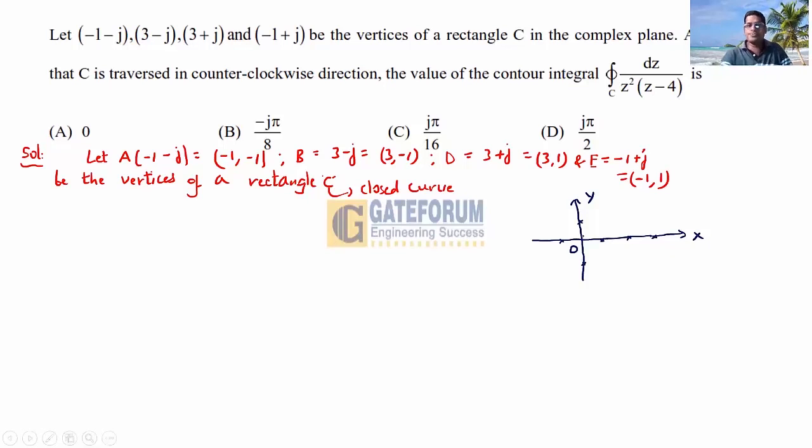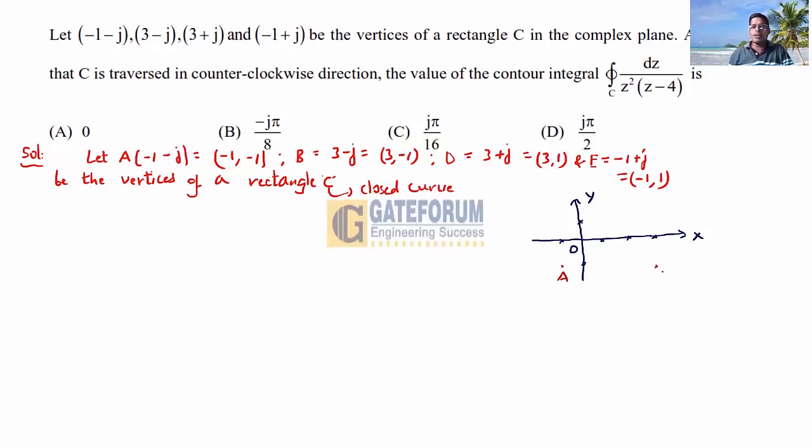So now what are the vertices' names? A is (minus 1, minus 1): x value minus 1, y value minus 1. So this is the point A. B is (3, minus 1): x value 3, y value minus 1.